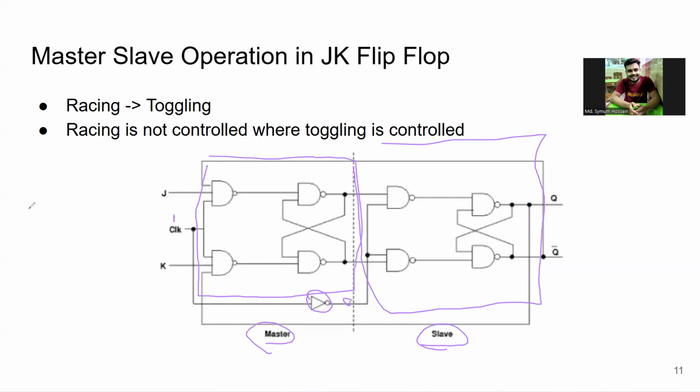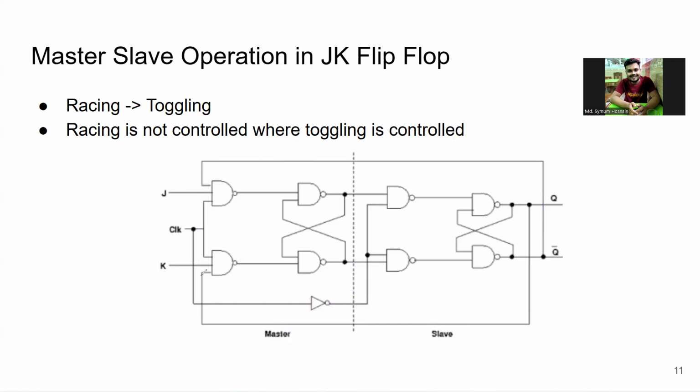Okay, so let's see how it actually controls the race around condition. So suppose the last memory element was 0 1. So after toggling, it will need to show 1 0, right? So from 0 0 will be input here, and will go as input here, the 1. So let's see.